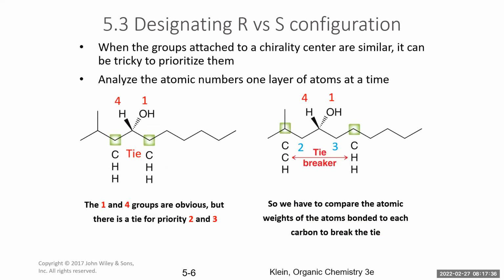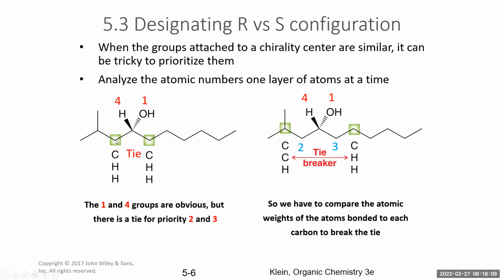Now let's look at when this becomes a little bit more challenging. When the groups attached to a chirality center are similar, it can be tricky to prioritize them. So we want to analyze the atomic numbers 1 layer of atoms at a time. So for example, if we're looking at this chiral carbon, it's clear that the oxygen will be the atom with the highest priority and the hydrogen will be the atom with the lowest priority.